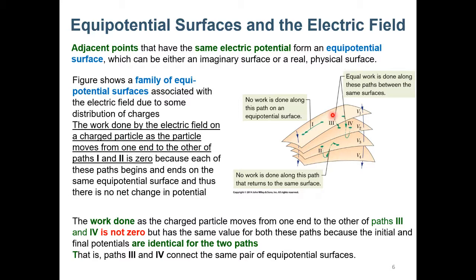As long as the initial points have the same electric potential, and the final points also have the same electric potential, the work done from this point to this point and from this point to this point are the same.